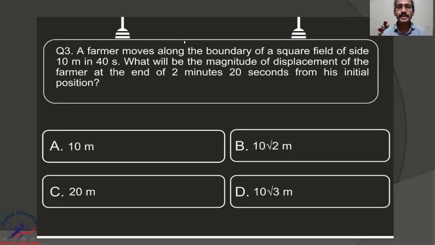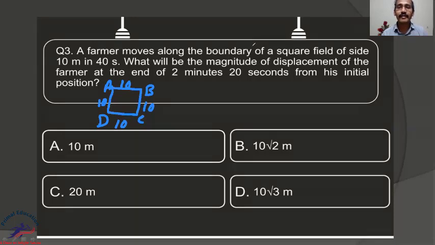Draw a square field, points A, B, C, and D. Each side is 10 meters: AB 10 meters, BC 10 meters, CD 10 meters, and DA 10 meters.